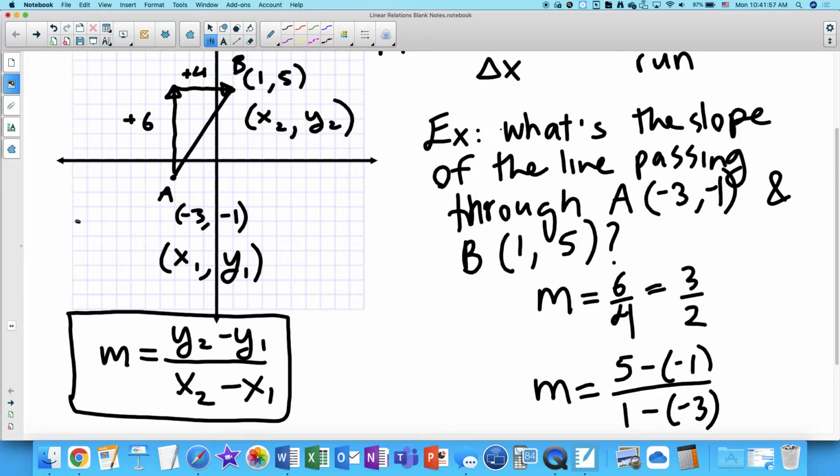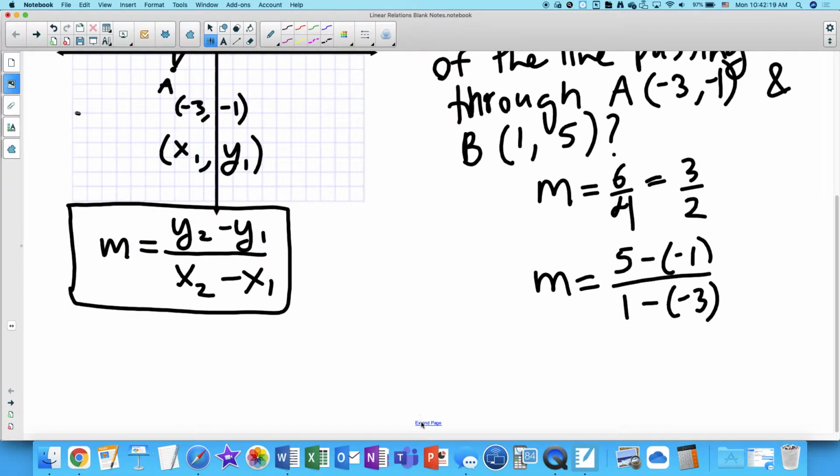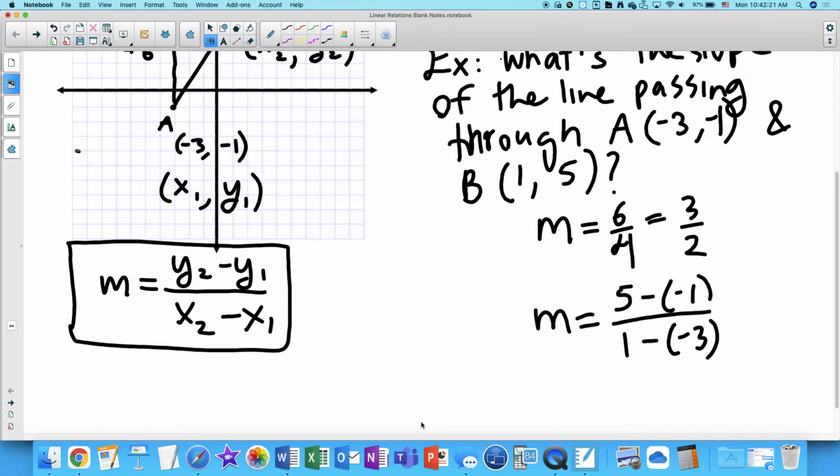Now, just a question. What if we swap them? Do I have to make this point x1, y1 and this one x2, y2? Or could I switch those? What do you think? Well, the statement you have there is implying that A is -3, -1, and B is 1, 5.